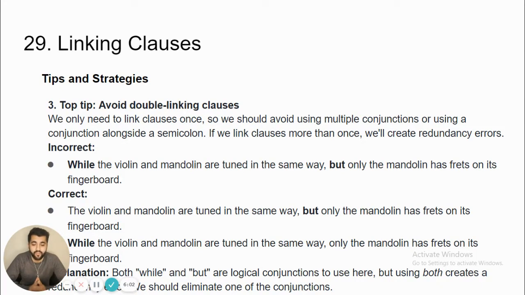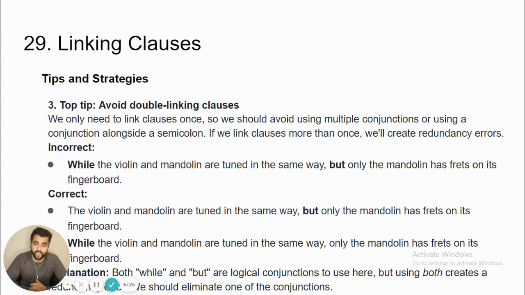All right. As we have studied previously, if you want to join two independent clauses, we can use one comma plus a conjunction, not two conjunctions. So there are two versions in which this can be corrected. The violin and the mandolin are tuned in the same way, comma, but only the mandolin has frets on its fingerboard.